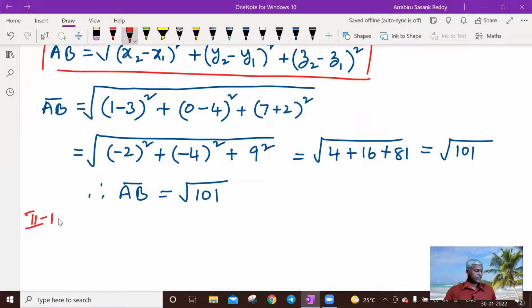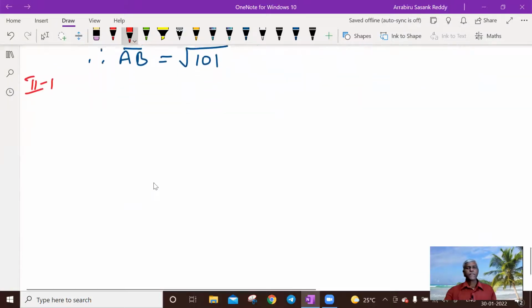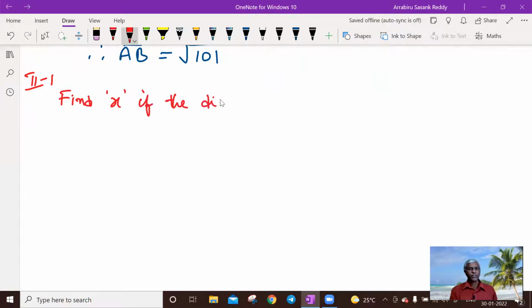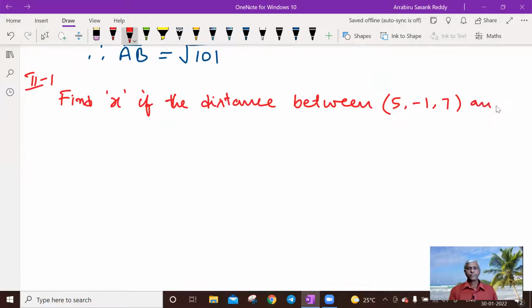Find the x value if the distance between the 2 points (5, -1, 7) and (x, 5, 1) is 9. In the second point, the x coordinate is not given, it is given as x.